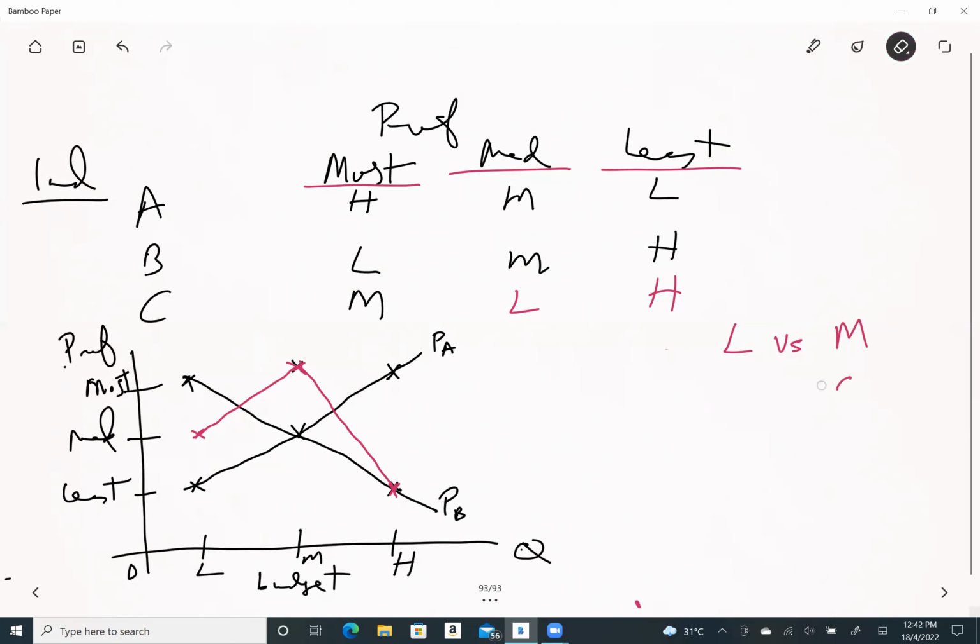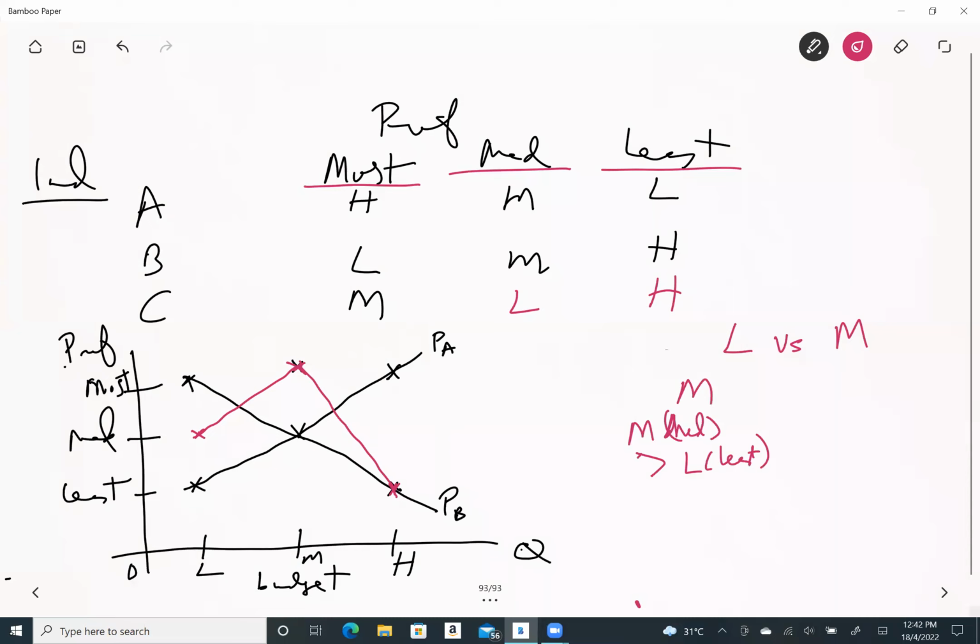Kalau salah kan kita pergi balik. Okay, we vote by the percent. A will vote what? Will vote M. Sebab M is second choice, medium, which is better than L, which is the least.